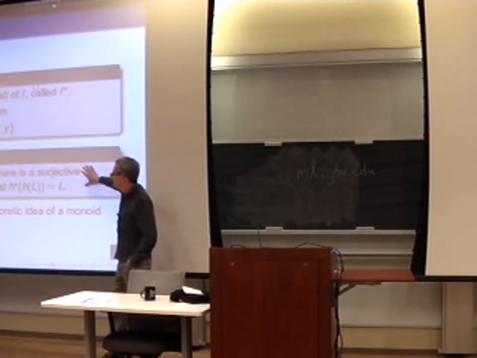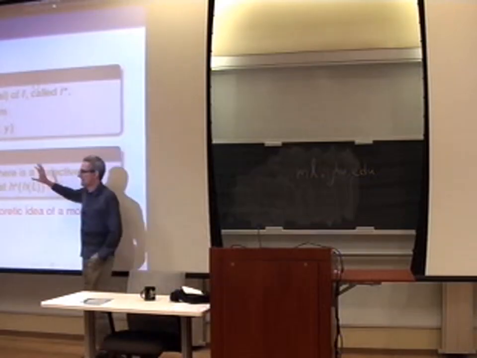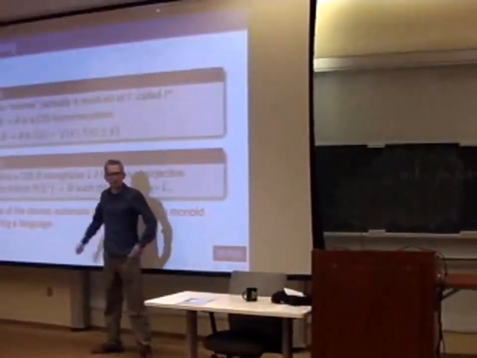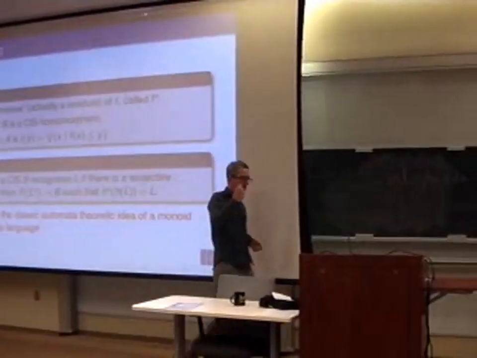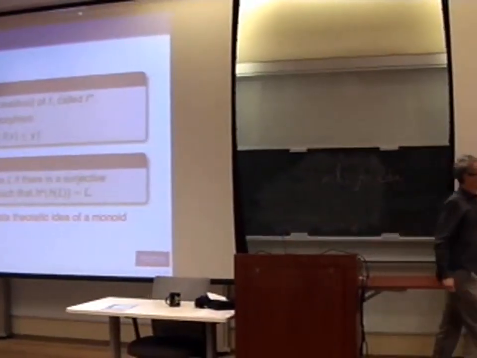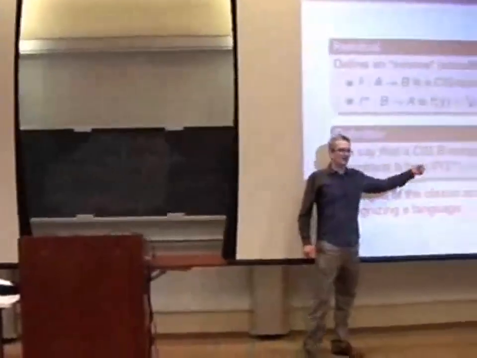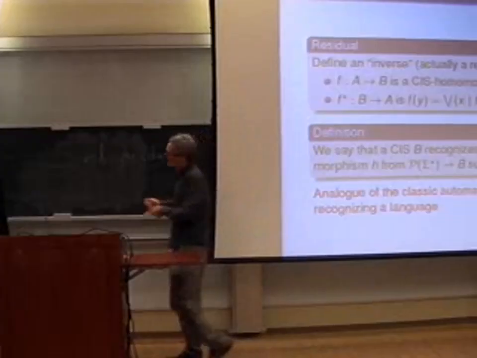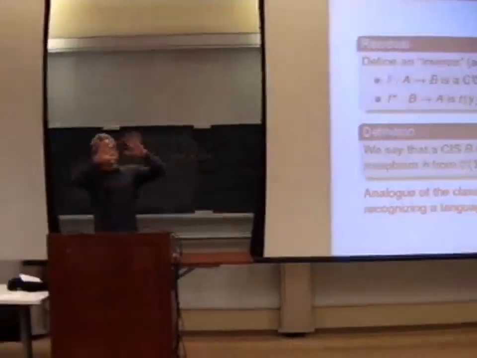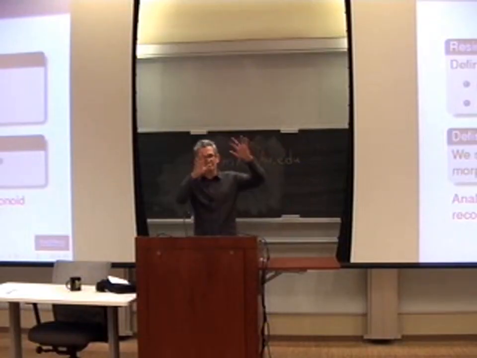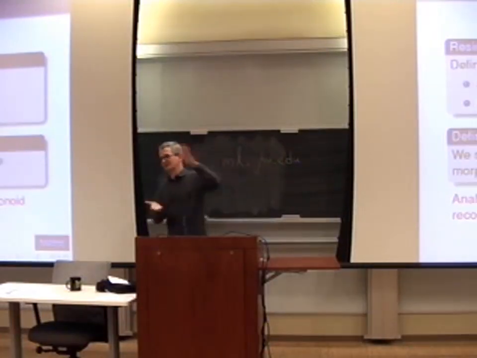Then we can say that a semi-ring recognizes a language if and only if the element that L is mapped to corresponds just to L. So what we're saying is we have a homomorphism of our original free power set semi-ring into something else.